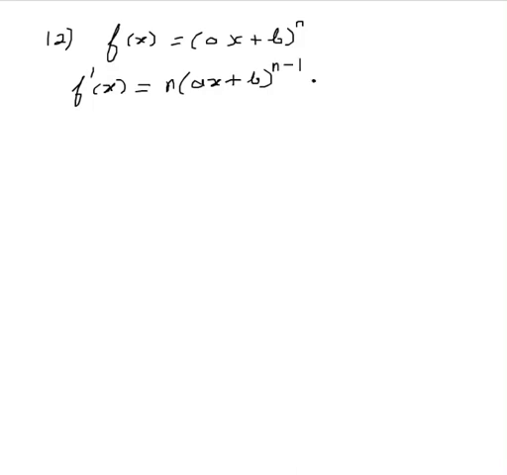So we have differentiated the power, keeping the base same. Now the base has to be differentiated. Differential of ax is a and differential of b is 0. Therefore the answer is an times ax plus b whole raised to n minus 1.